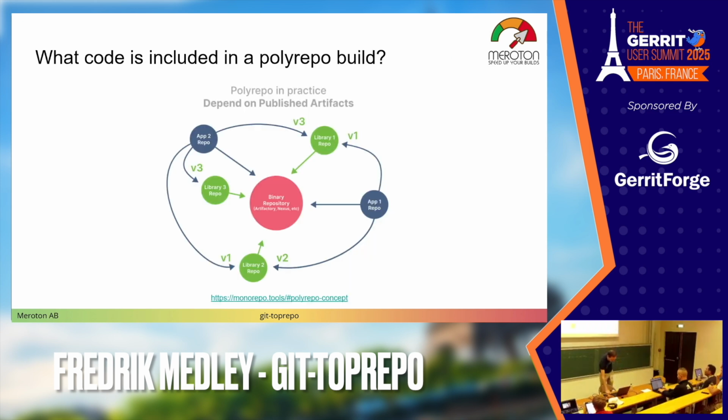So let's see. If I build code in a Polyrepo, what code was included in my build? I really want to know what SHA-1's, what Git commits, did I use, and I need to log it in some way.